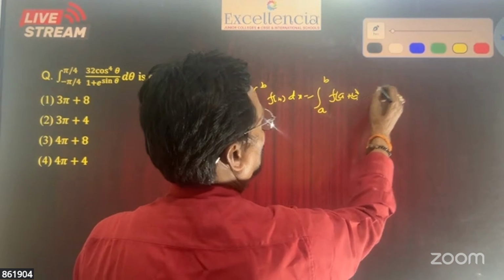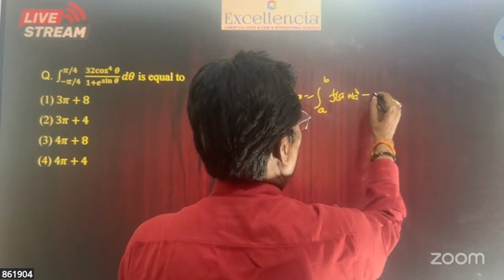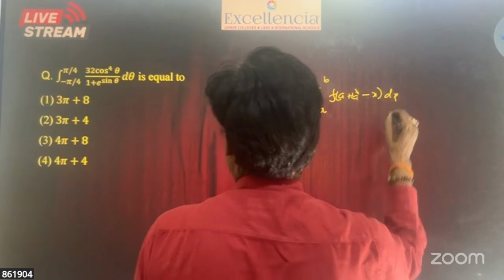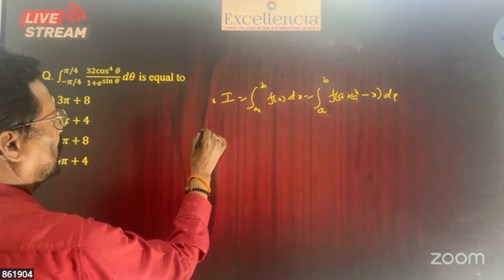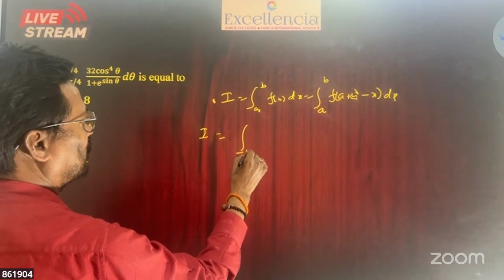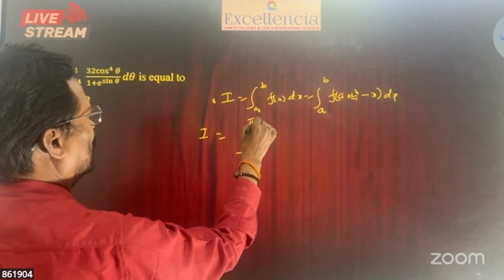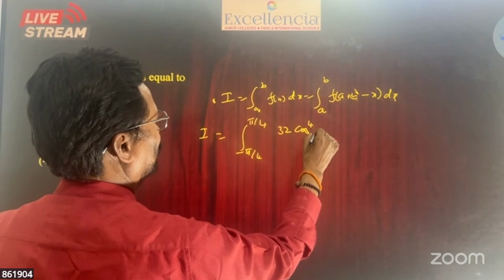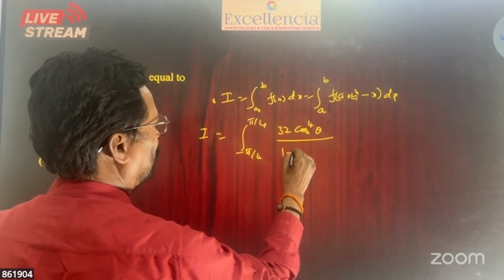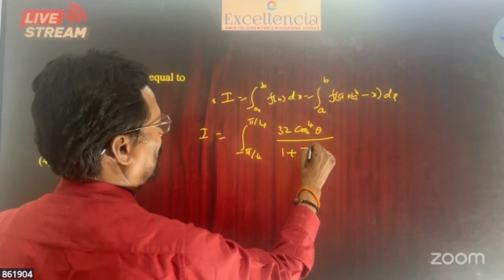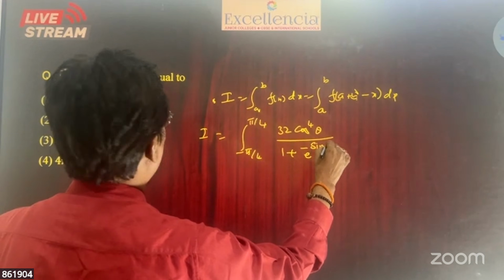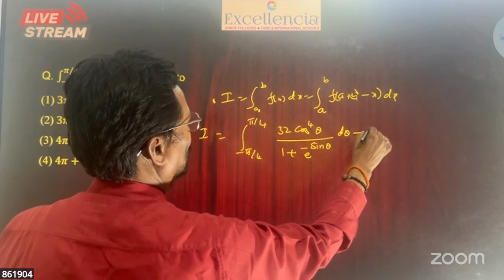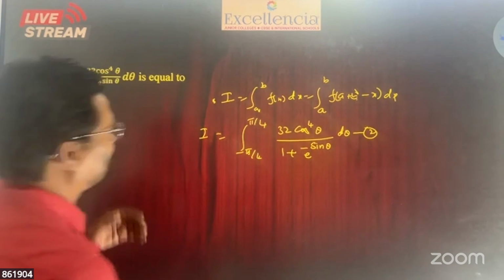If we complete this, the integral becomes from minus pi by 4 to plus pi by 4 of 32 cos power 4 theta by 1 plus e power minus sin theta dθ. This is equation 2 and the given equation is 1.